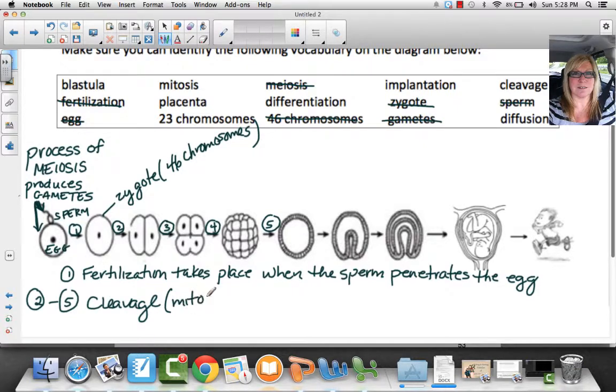So each step. So this is mitosis number 1. This is mitosis number 2. Mitosis number 3. So every arrow represents mitosis. And this whole process is called cleavage, which results in what? A hollow ball of cells being formed, which is the blastula. So let's see, we used cleavage, blastula, mitosis.